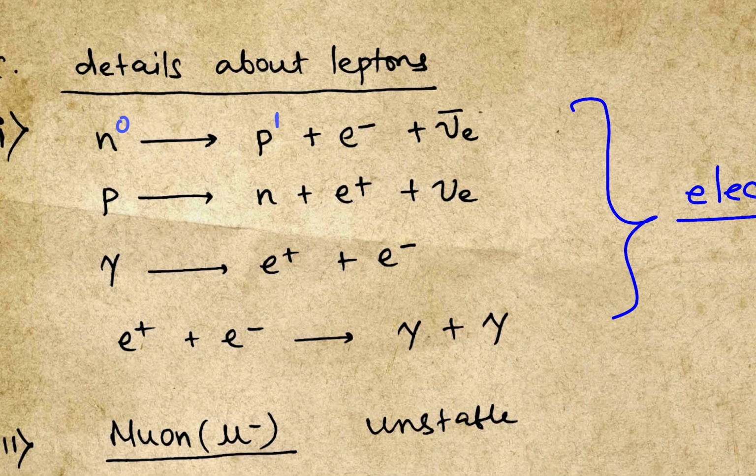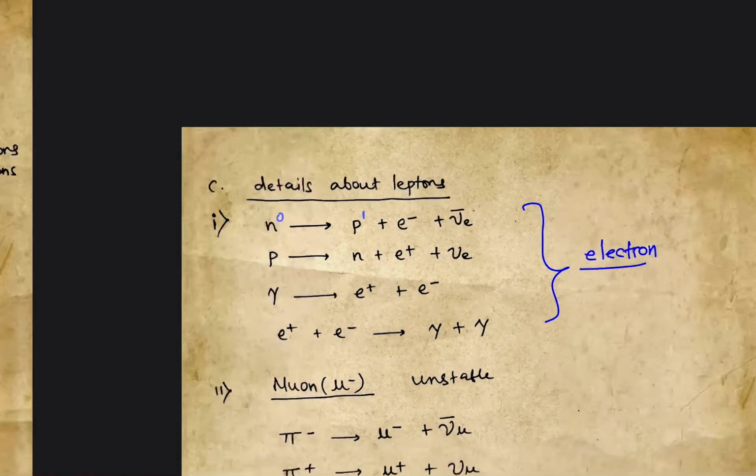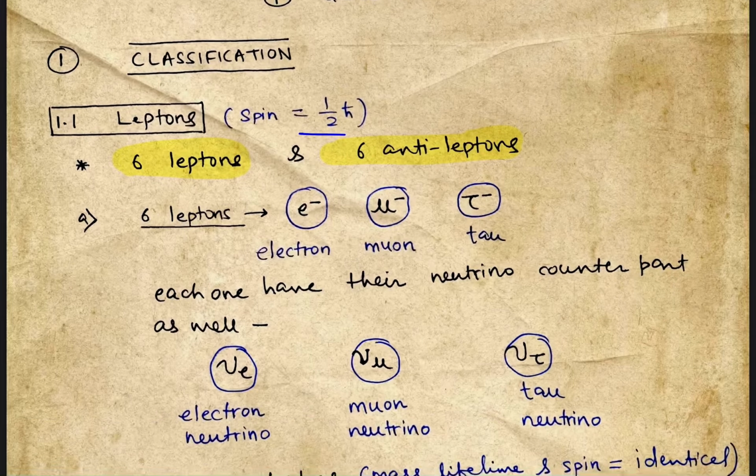And each neutrino or antineutrino particle is neutral, so they don't have charges on them. Just know that.